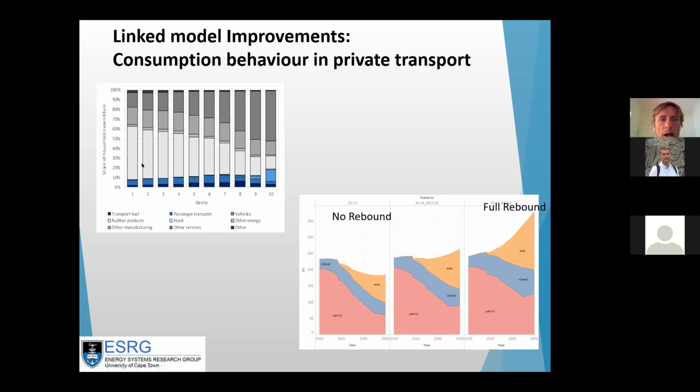So this consumption basket is now linked to the absolute income of the different deciles in the CG model.